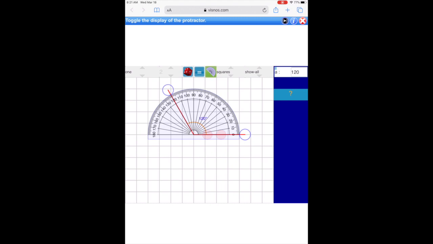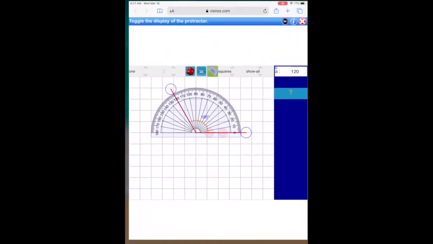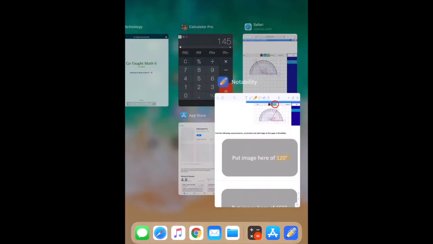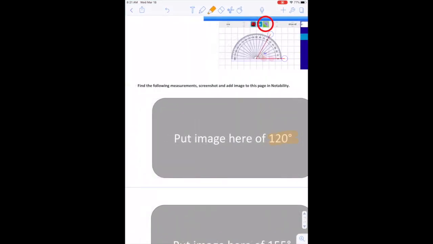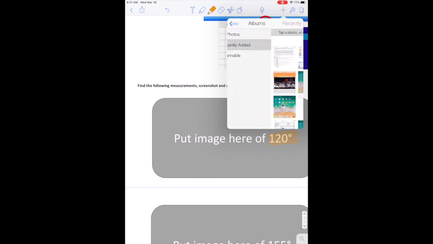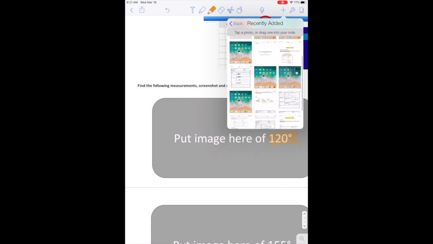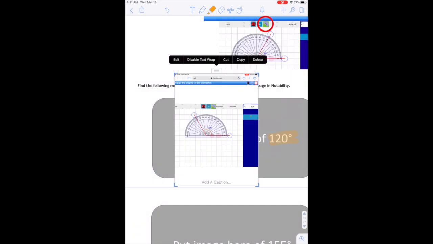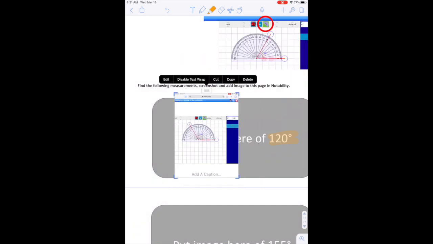So I'm going to go ahead and screenshot it. Go back to my document. If you haven't yet, how you add an image is this plus sign. You're going to go to your photos. And I can also crop it.